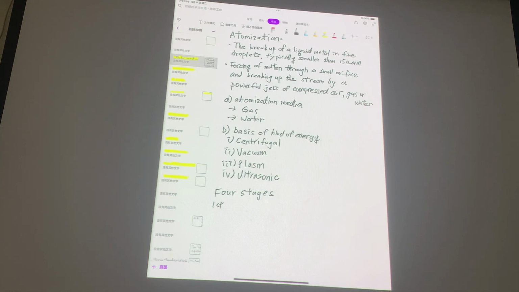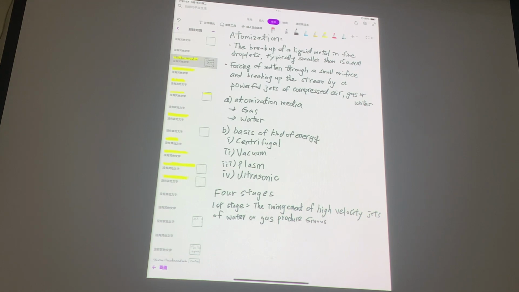The first stage is the impingement of high velocity jets of water or gas, producing a sinusoid wave, which causes disturbance in the liquid sheet.